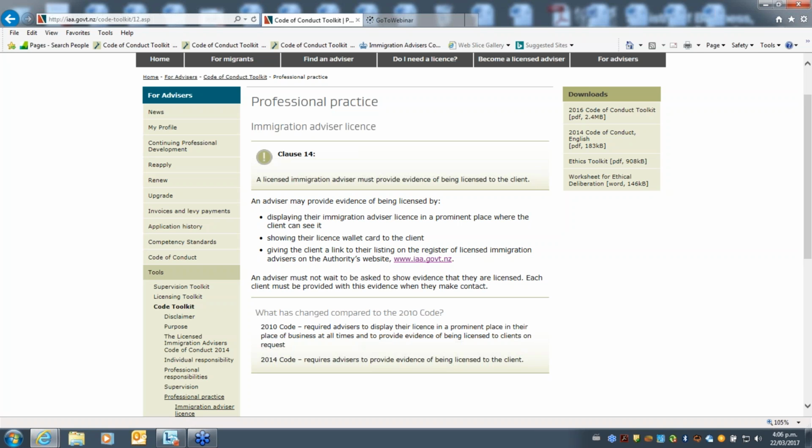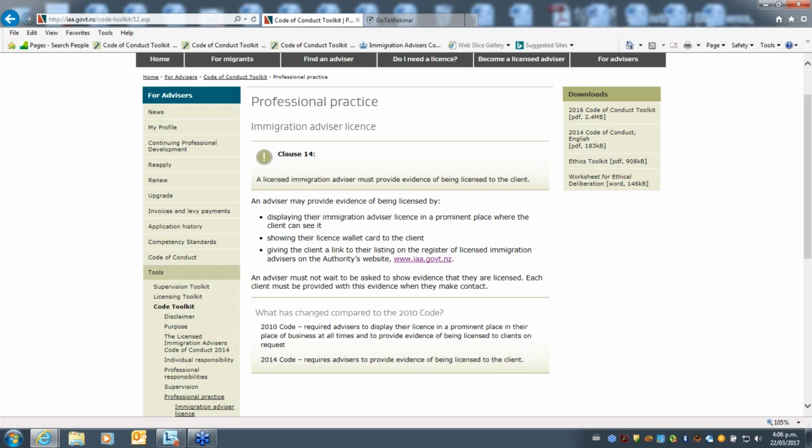So up front, a licensed advisor is expected to provide evidence of being licensed to the client. So this could be through having your license certificate on your wall if they're visiting you in person, showing them your wallet card, or providing them a link to the register. So the intention behind this is that the client can actually see that you are licensed.